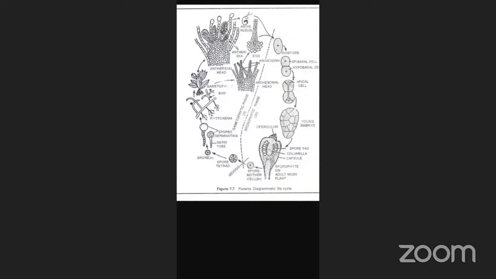Okay, so next we will discuss the pteridophyta. Sir, can you please explain what is amphithecium and endothecium? Amphithecium is the outer layer. After the zygote undergoes divisions, it forms two layers of cells.